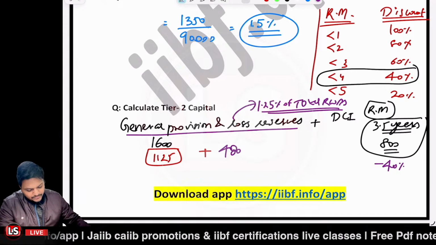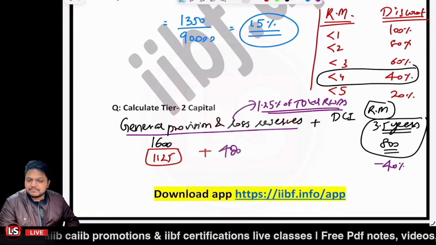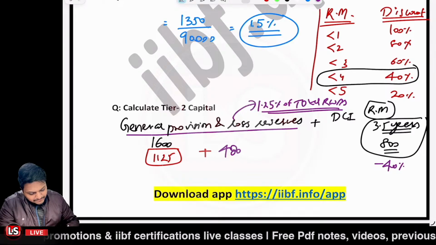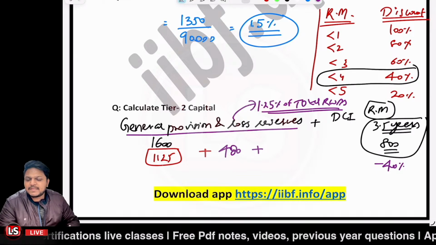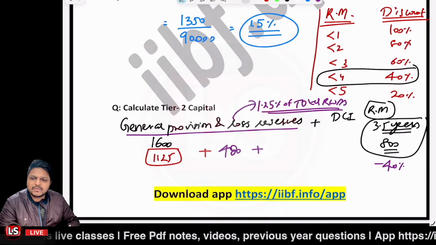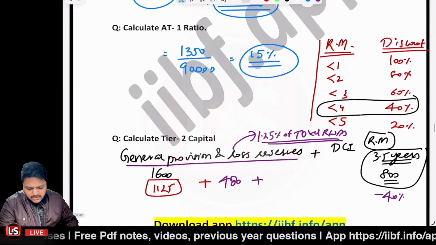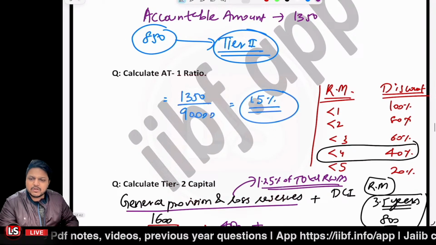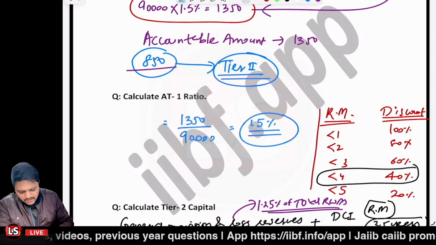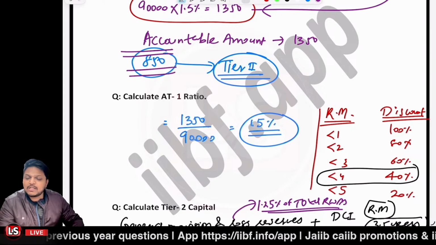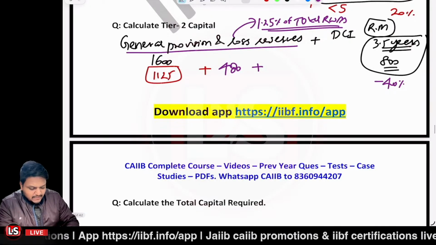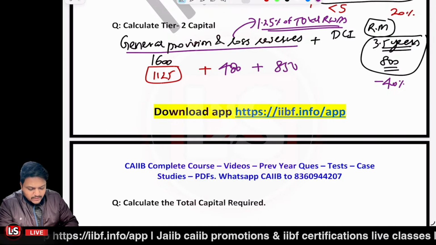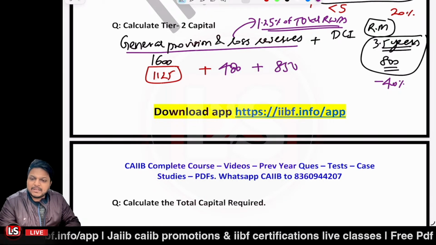Right. So it is 480. Okay. After that, another amount is to be added up. And that amount is related to what? That amount is related to the difference of the AT1, or surplus of the AT1, which was 850. That is also to be accounted for tier 2 capital. So 850 will also be related to the tier 2 capital.